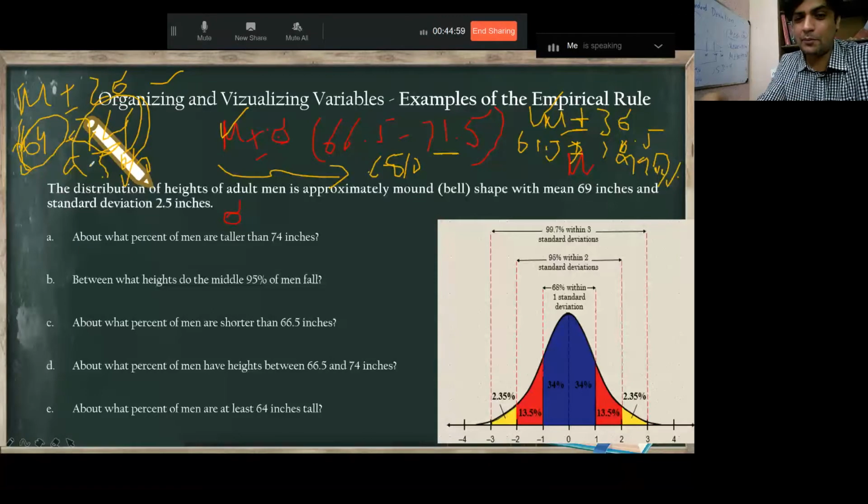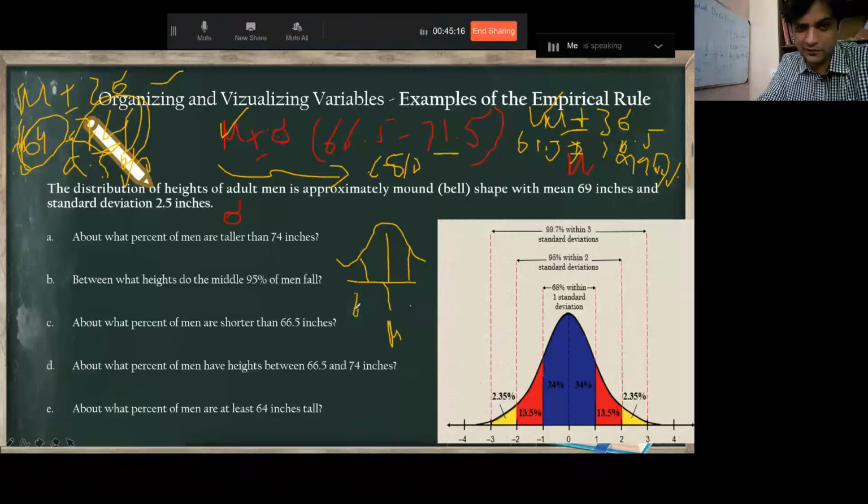If this is the distribution, this is the mean, and this is mu plus or minus 2 sigma, then this one is 64 and this one is 74.